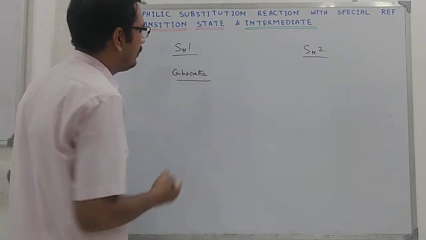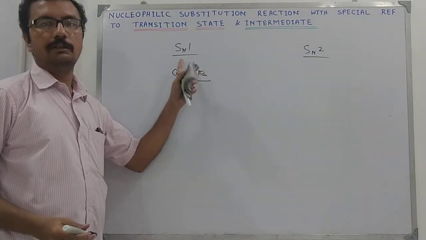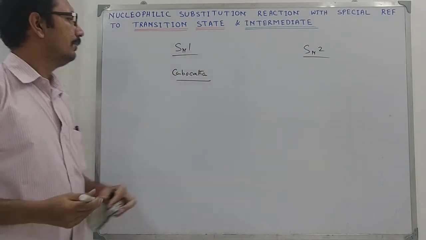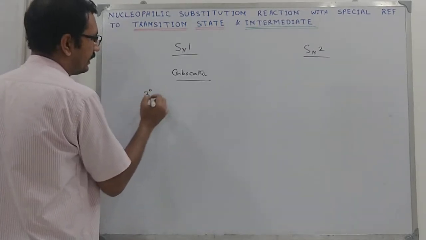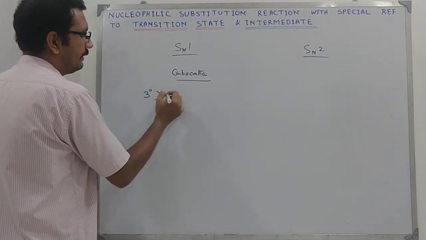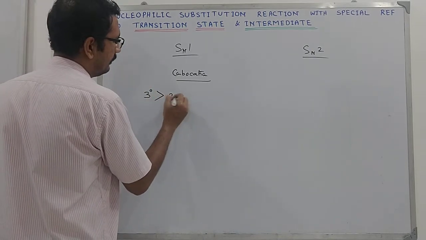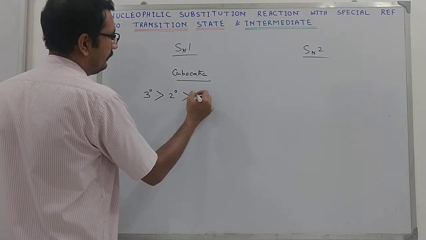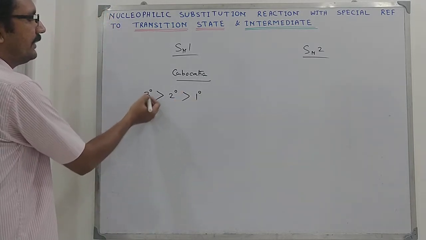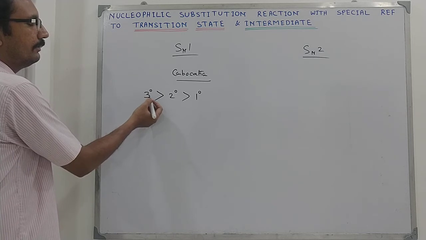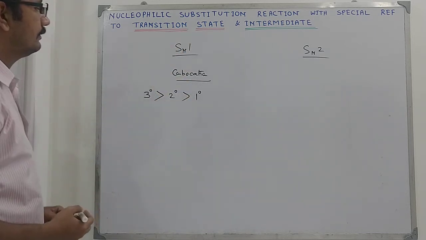So the more the stability of the carbocation, the more will be the probability of this reaction to occur. So we will get a reactivity order like this: 3 degree alkyl halide greater than 2 degree alkyl halide greater than 1 degree alkyl halide. So it will give a 3 degree carbocation, which will be stable. So the energy of the intermediate will drop and the rate will be faster.